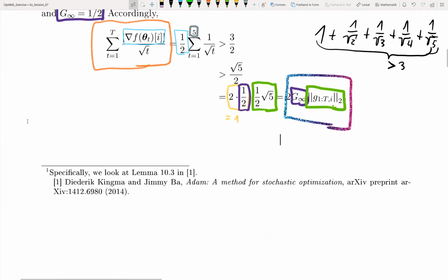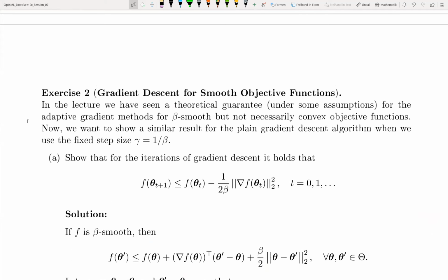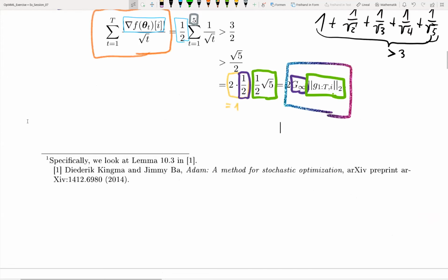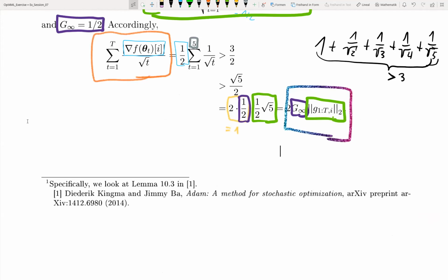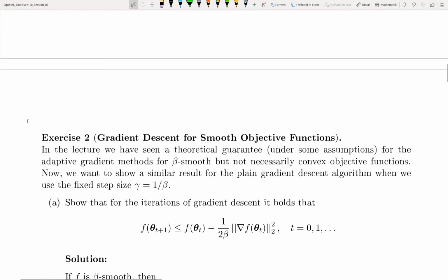All right, then this was our short warm-up. Now what we want to do is show a similar result which we have not showed but stated, let's put it like that, for the adaptive gradient methods, which were a result of the big assumption we had.